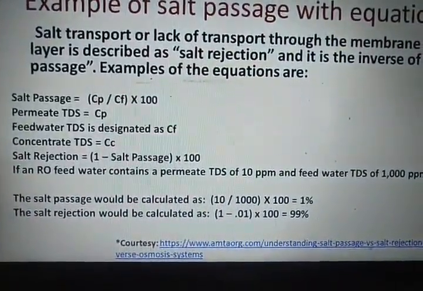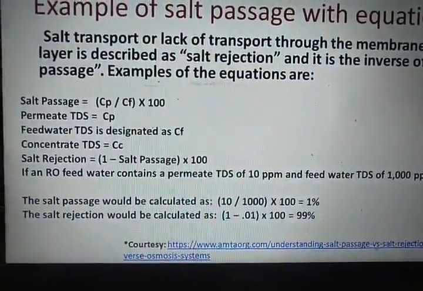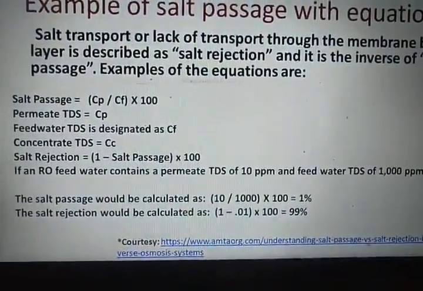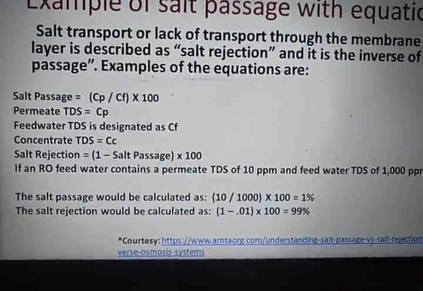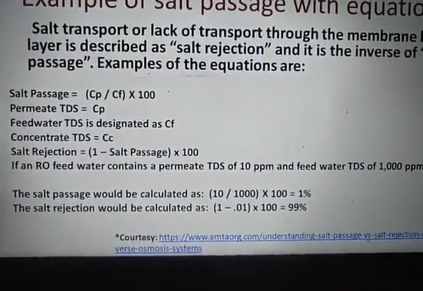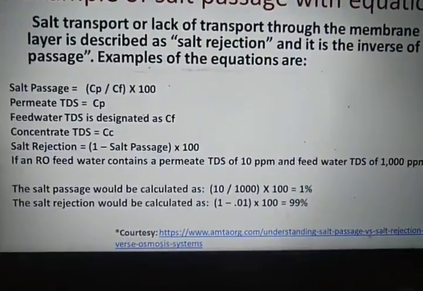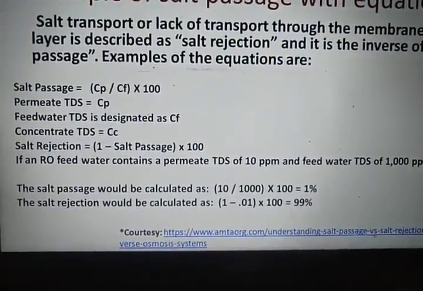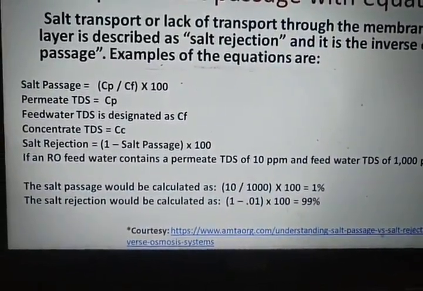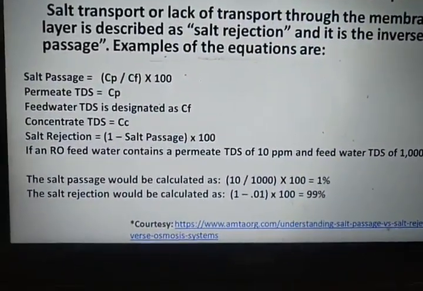If an RO system has a permeate TDS of 10 ppm and a feed water TDS of 1000 ppm, the salt passage is calculated using the above equation, Cp by Cf into 100. Here the Cp value is 10 and the Cf value is 1000, expressed as a percentage, it is 1%.